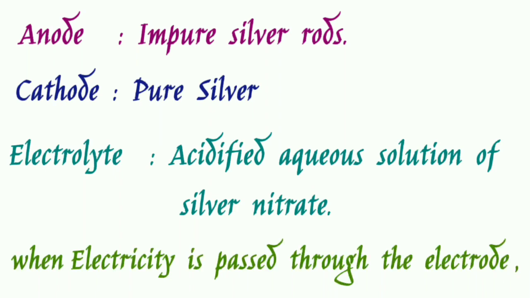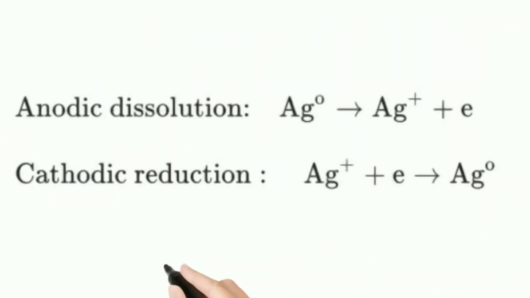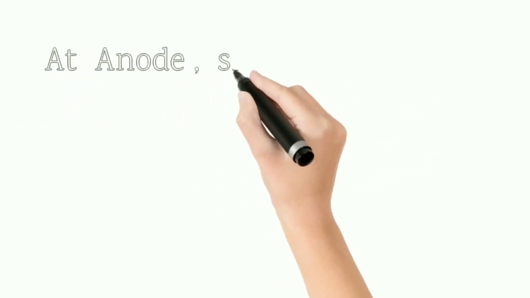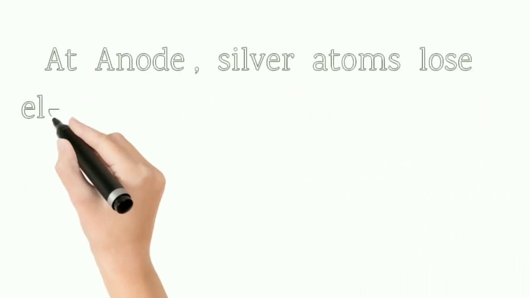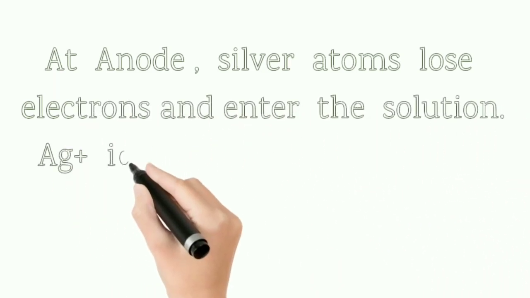So at the anode, that is passed through the electrolyte, the silver atom loses electrons. So oxidation takes place at the anode and reduction takes place at the cathode. So now at the anode, the silver atoms lose electrons and enter the solution.